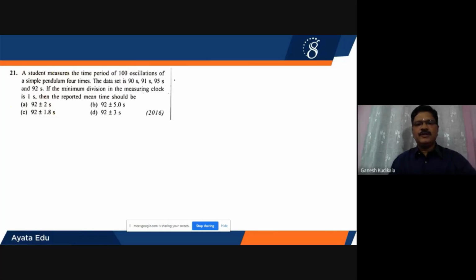First let me find the mean of this time. The mean will be the sum of all the values divided by the number of observations. It is 90 plus 91 plus 95 plus 92 whole divided by 4, which gives 92.